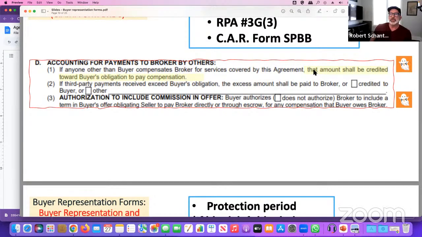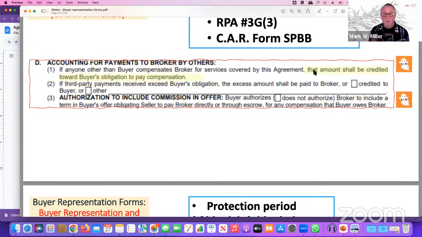Great question, Mr. Buyer. No. What it means is if a cooperating broker is offering 2.5% to a buyer's broker, and then our agreement is at 3%, I'm only going to be paid the 2.5% from the cooperating broker, and the other 0.5 point you'll figure out to pay through your closing costs.